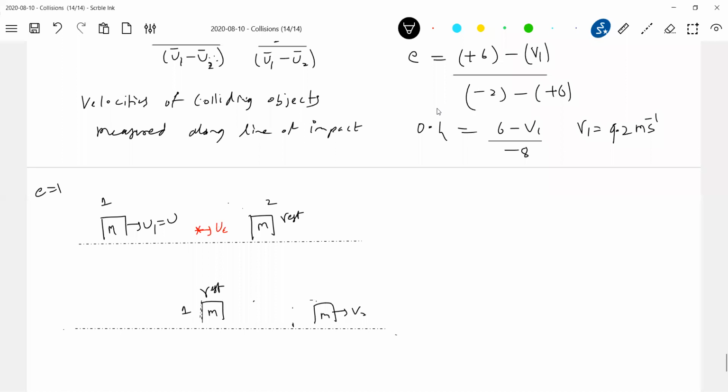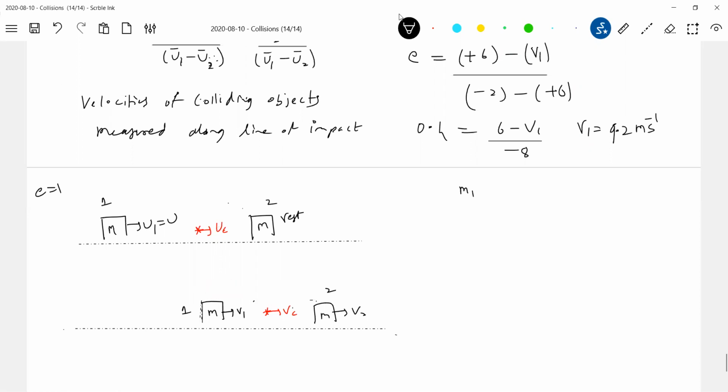The first body will come to rest. The second body will move with the initial velocity of the first body. Let's check the center of mass thing. So first, let me calculate the velocities here. So from conservation of momentum, I'll write V1, V2. I don't know what will happen.